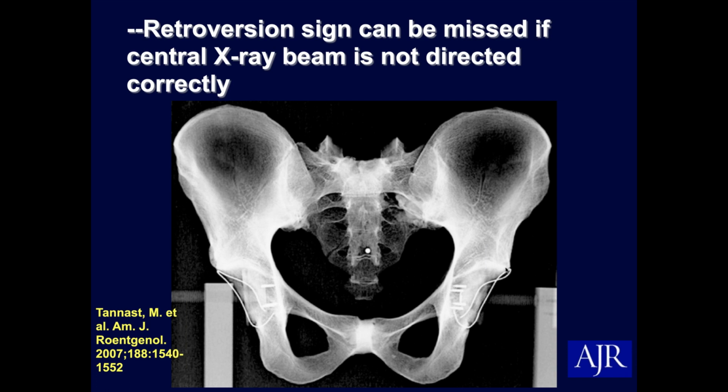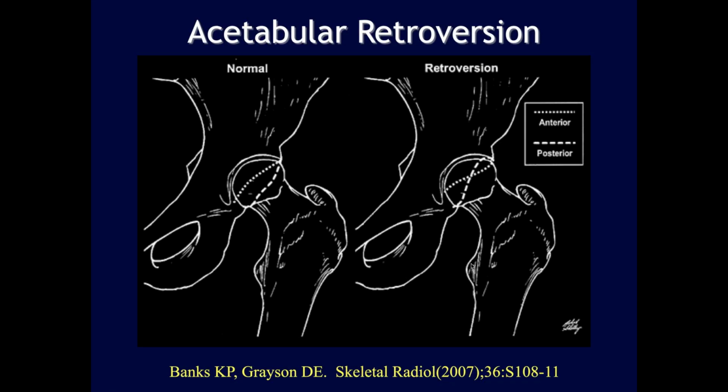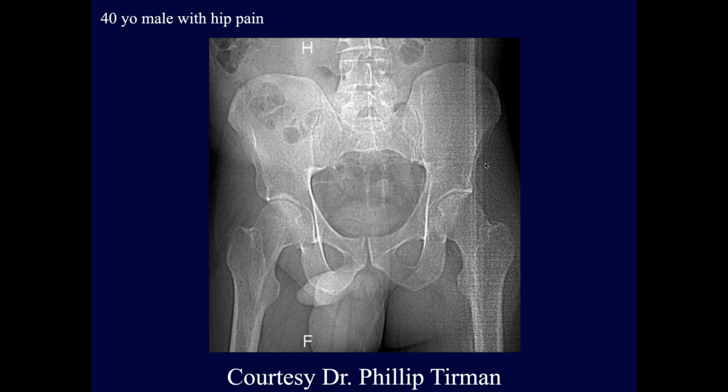And this increased bone of the anterior aspect of the acetabulum can be a location where you can get impingement. So this is just kind of the normal, and then the abnormal would be if you follow the anterior wall of the acetabulum, it comes lateral to the posterior wall, and this can be the area of impingement, called the figure-8 sign.